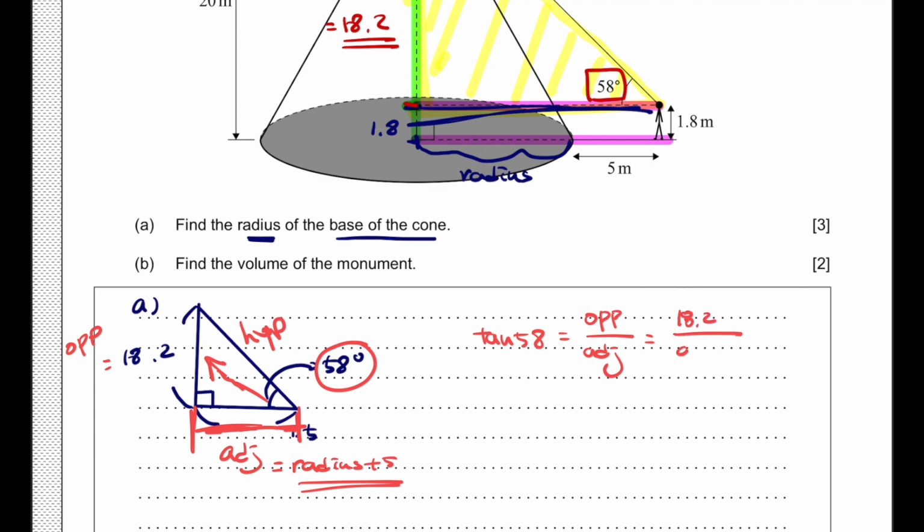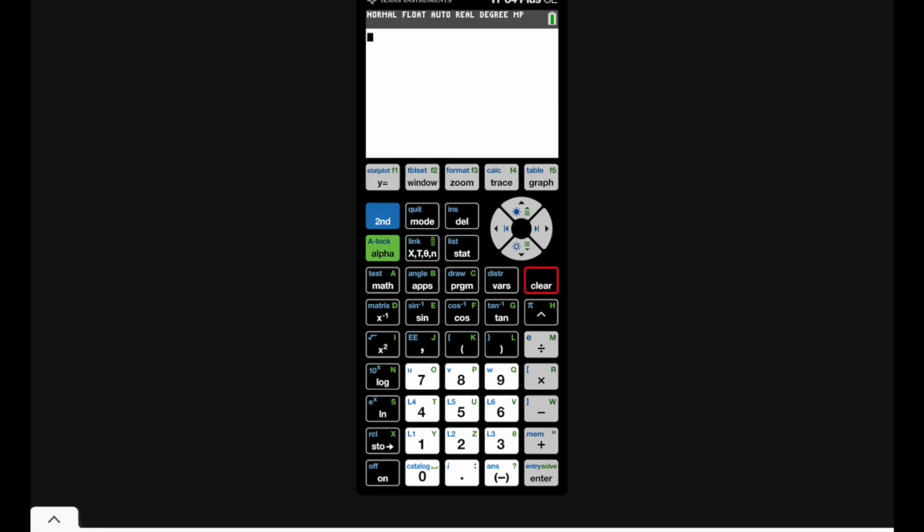That is 18.2 over adjacent. Using a calculator, we can calculate the adjacent value as 18.2 over tangent 58. Here I have a TI-84 calculator, so we can do 18.2 divided by tangent 58, and we get 11.37.